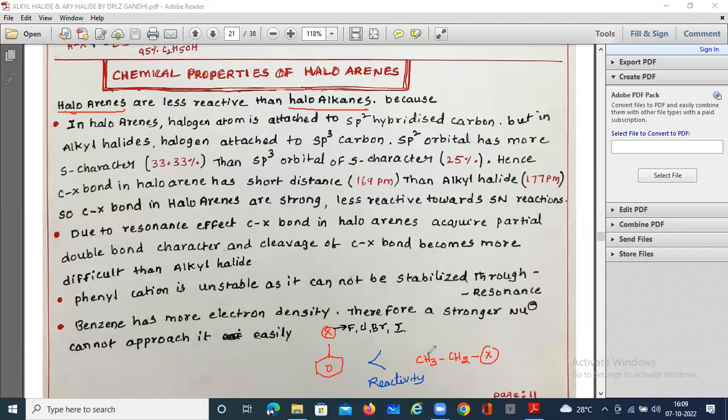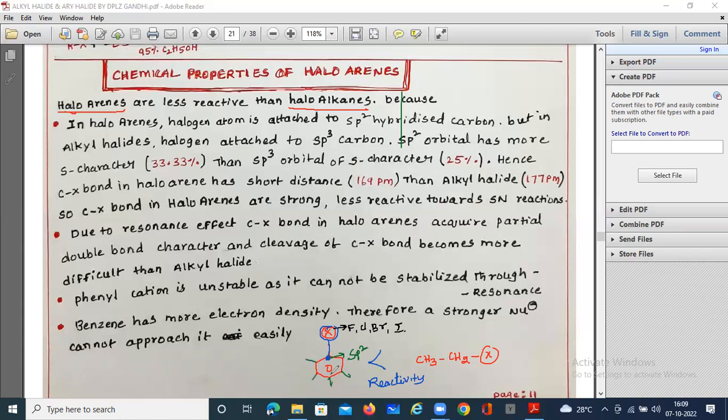So the reason is, here the halogen atom is attached to a carbon. Which hybridization, beta? Do you have any idea? An sp2 hybridized carbon. So here the halogen atom is directly attached to an sp2 hybridized carbon. Here it is also sp2, sp2, sp2, sp2.